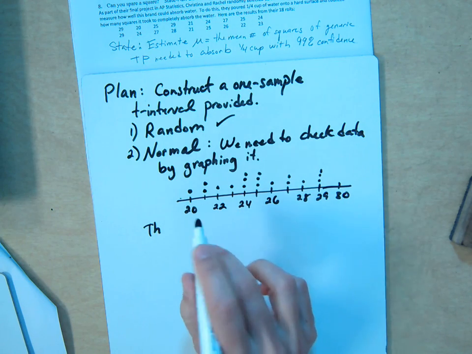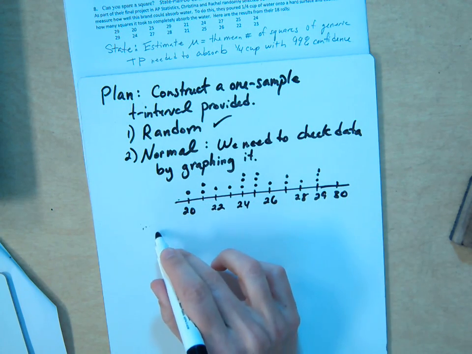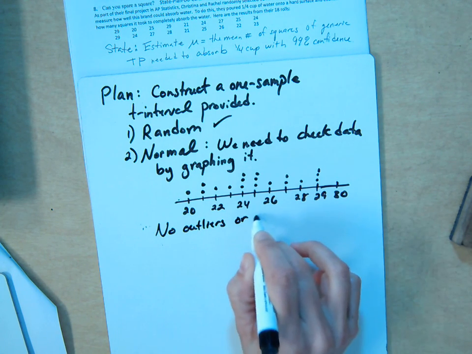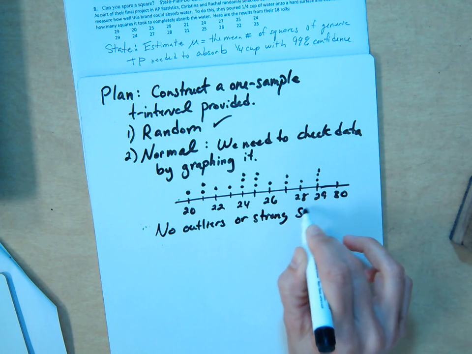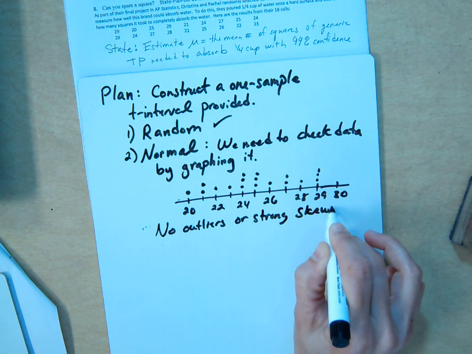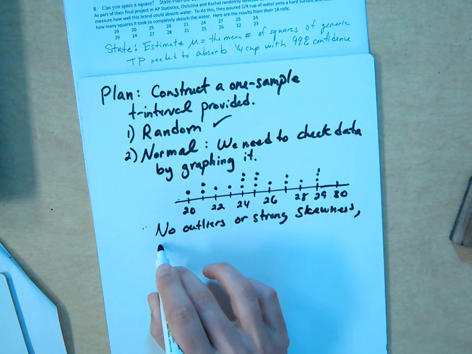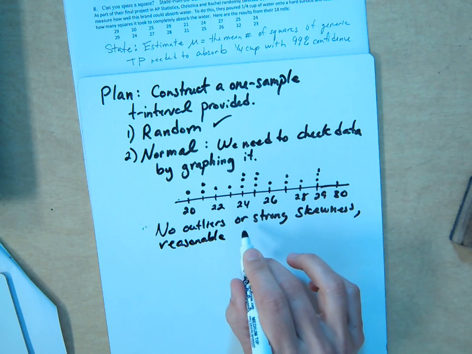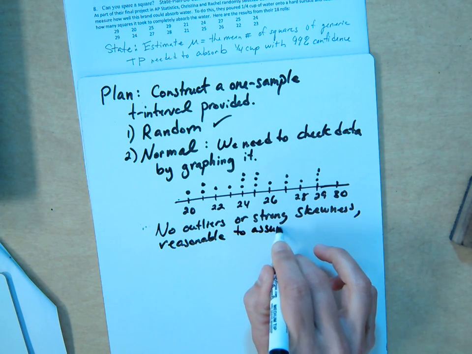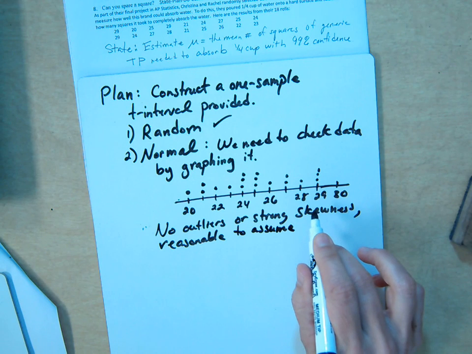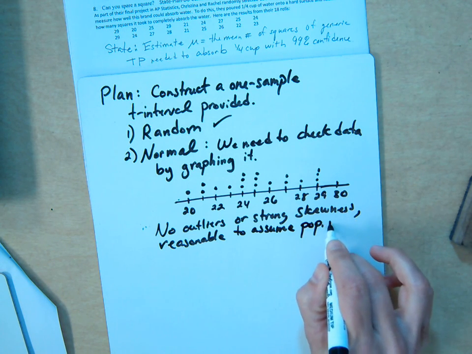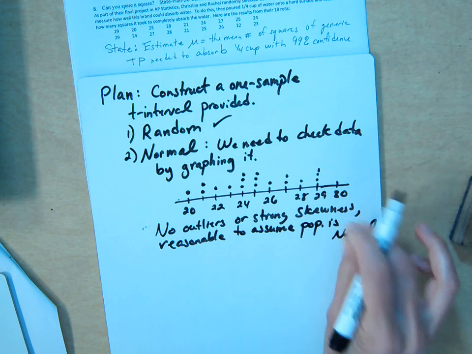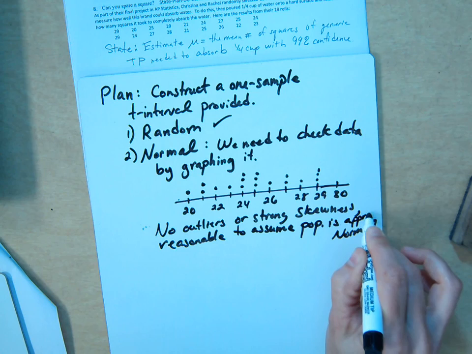So no outliers or strong skewness, so reasonable to assume the population is approximately normal.